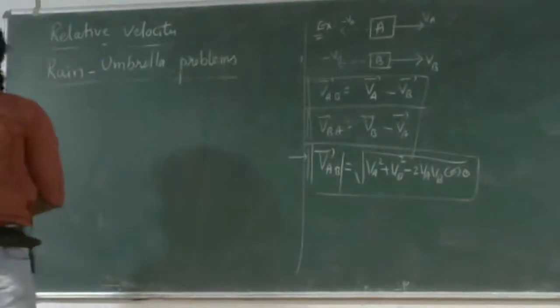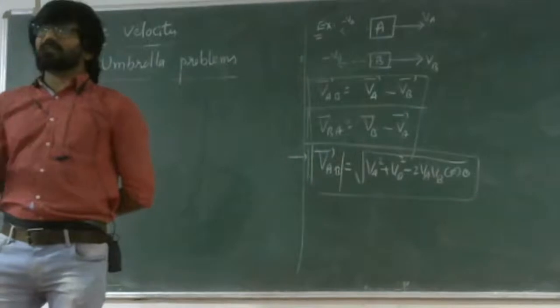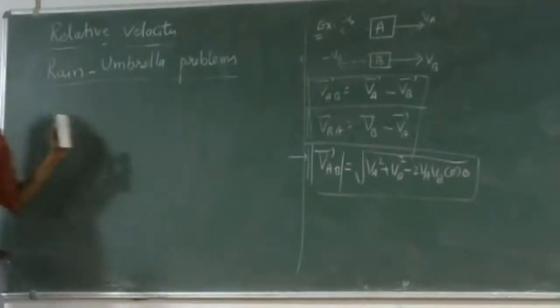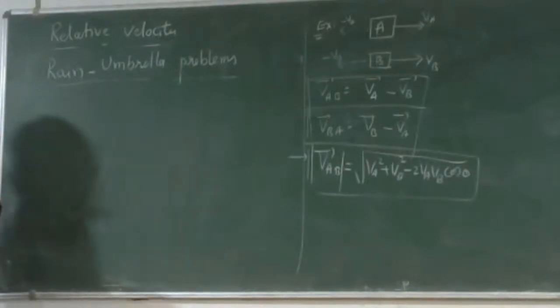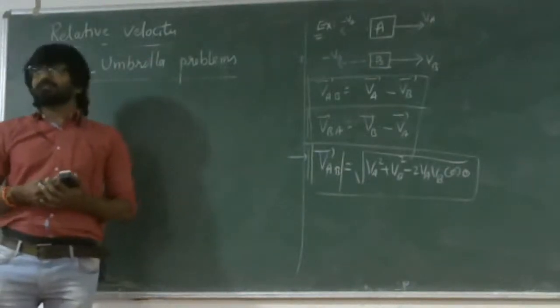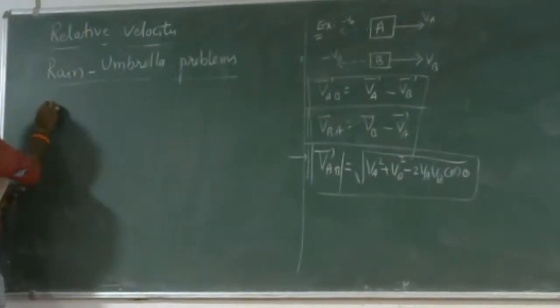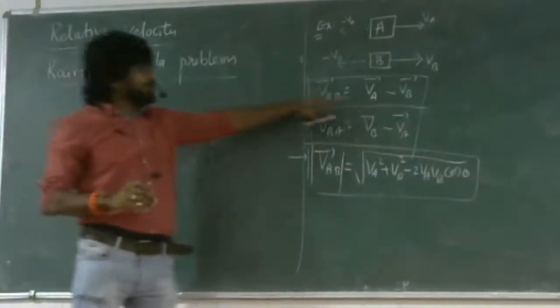Here we will see with some examples what this rain umbrella problems means. The concept of relative velocity can be understood here in this scenario. Again here we will come across some special cases. So one of the cases that is considered is the generalized formula only.